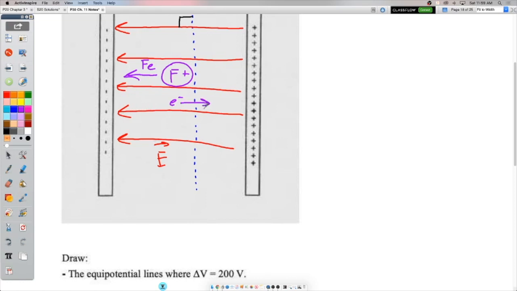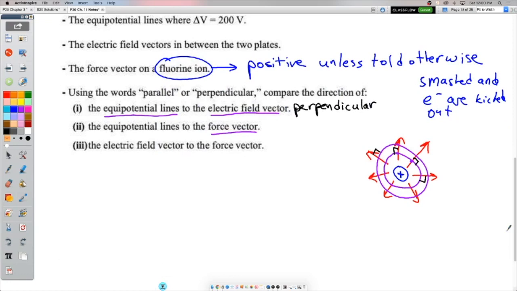Anti-parallel, we would say. Either way, how does that compare to the field lines? It's always going to be parallel, always in the same direction. So it's always parallel, or anti-parallel, but really anti-parallel is just a fancy version of parallel. Anti-parallel just brings direction into it.